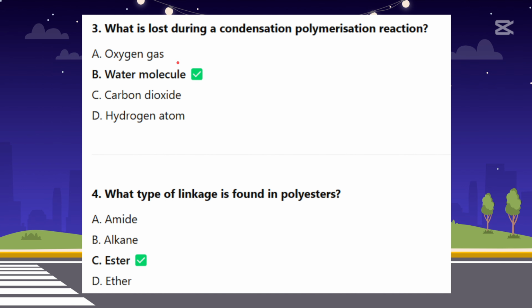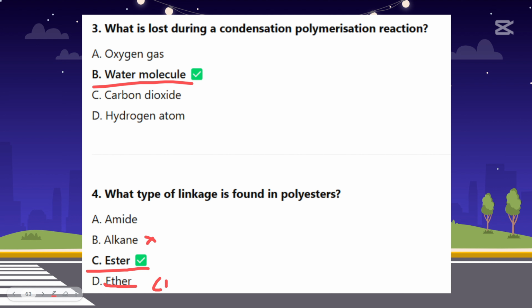What is lost during condensation polymerization? Water molecule is lost. What type of linkage is found in polyesters? It's an ester linkage. Amide linkage is found in polyamides. This would be a no for any of the polymers. Ether linkage is found, right, so ether linkages are found between our polysaccharides.